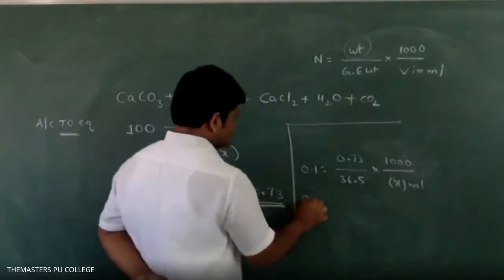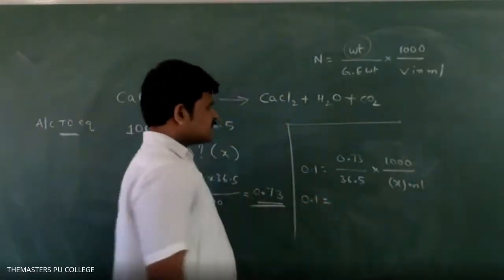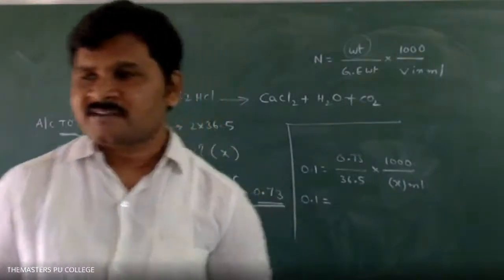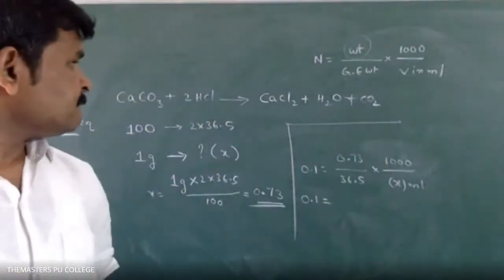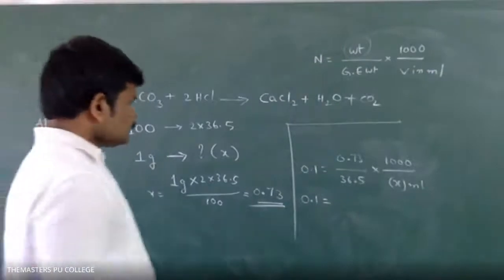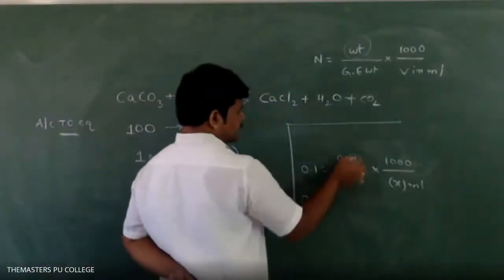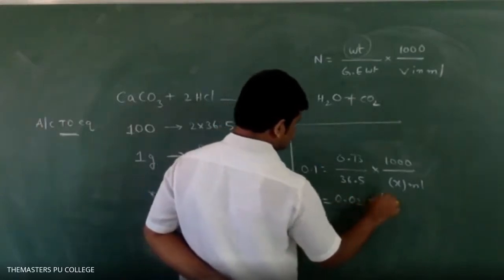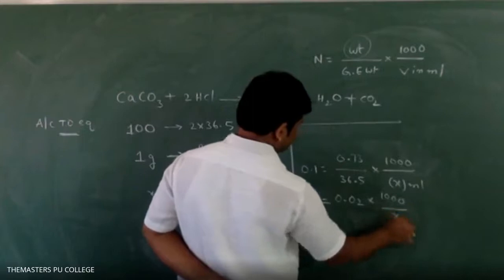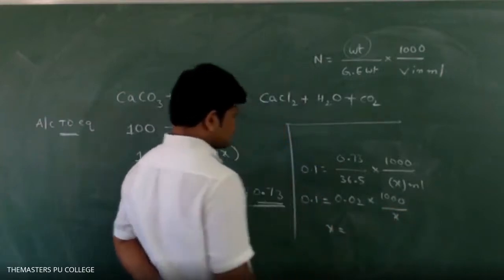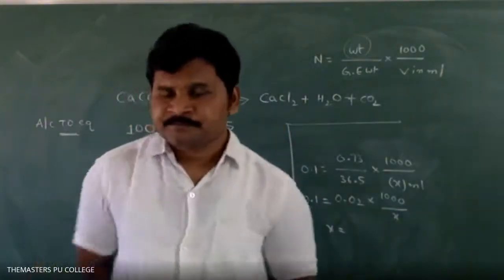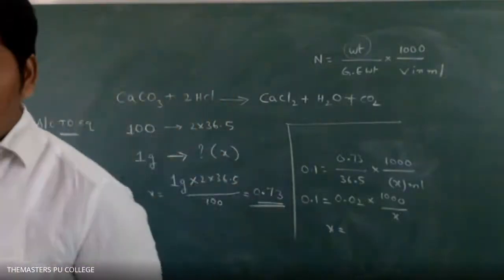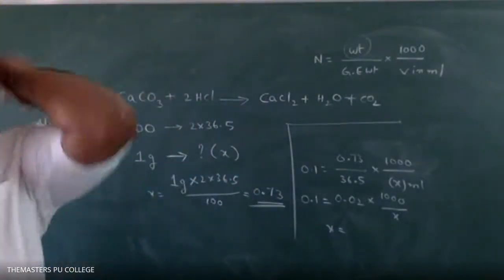So 0.1 is equal to 0.73 divided by 36.5. Let's estimate. What do we get? 0.02. Okay, because this is taken. X is equal to how much?